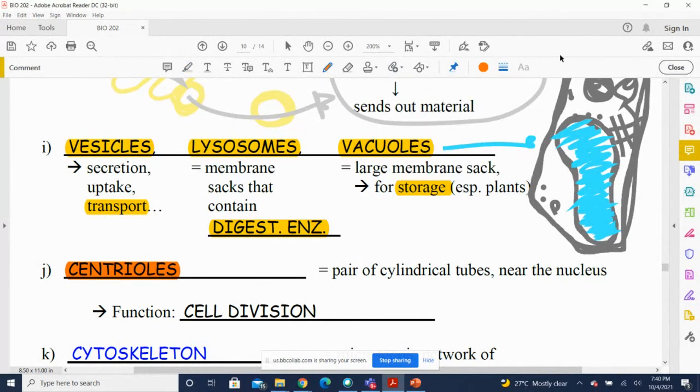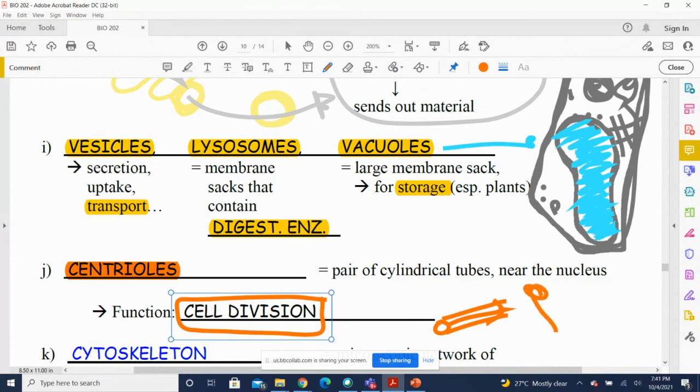So when we get to talk about cell division, remember these centrioles. They are really just a pair of these cylinder tubes that we usually find located close to the nucleus. They help to pull the contents of the nucleus into two.